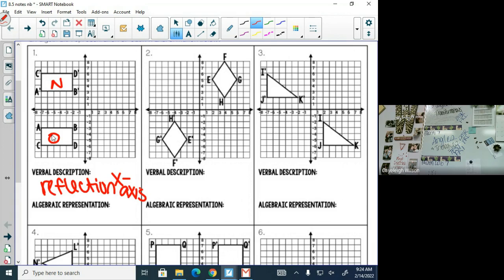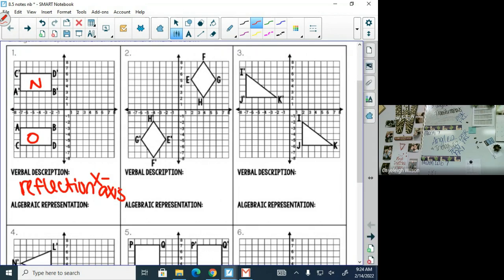And then it says an algebraic representation. When you look at your paper with the boxes, it says a reflection on the x-axis does what to the values? Y becomes opposite. The x stays the same, and y becomes opposite. So x comma negative y.